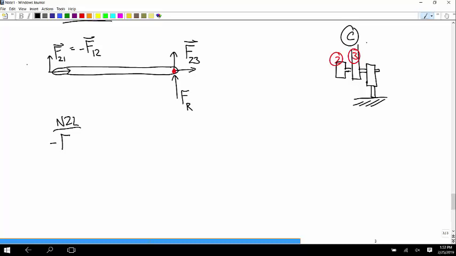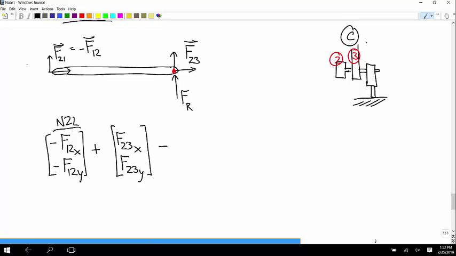So negative F12x, negative F12y, plus F23x, F23y, plus 0, FR is equal to zeros.